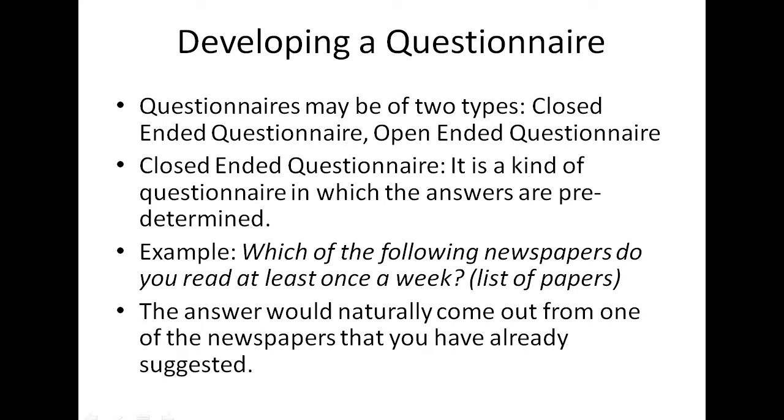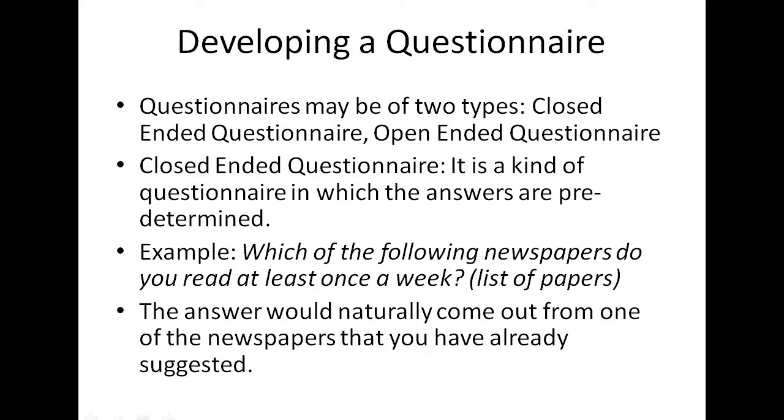Example: which of the following newspapers do you read at least once a week? And then we give a list of these newspapers, for example, the Dawn, the News, the Nation. These are the three options that we have predetermined for the respondent, and our respondent has to pick one of the names of these newspapers.